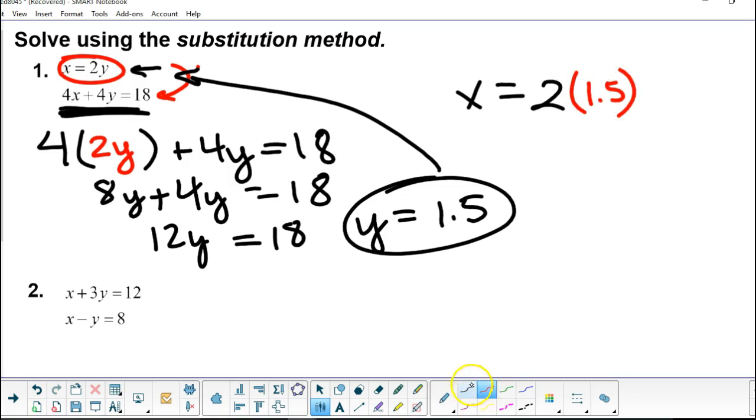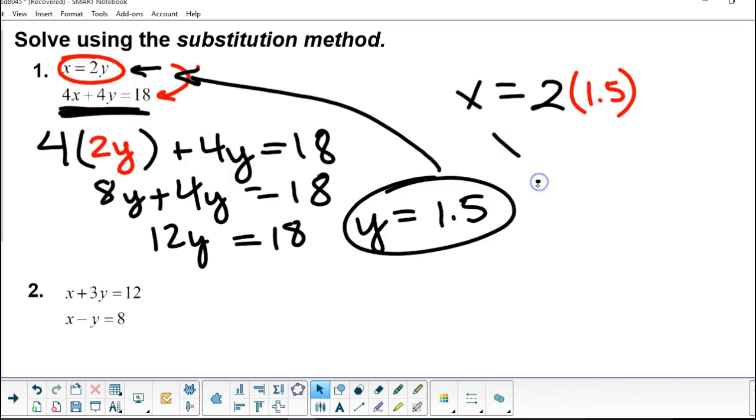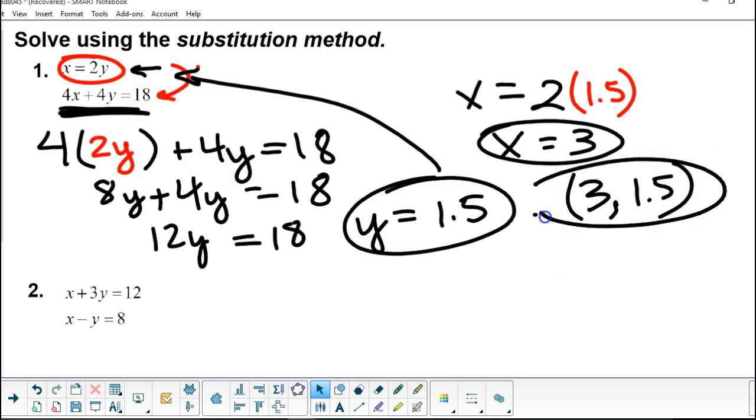Well, of course, that means that x is equal to 3. So we get the solution 3, 1.5. X is 3, y is 1.5. That is our solution.